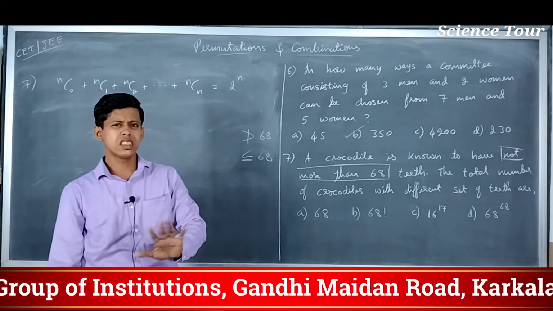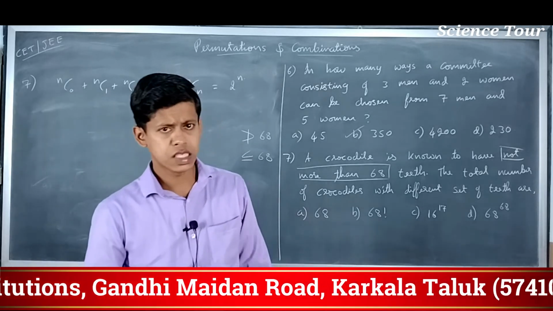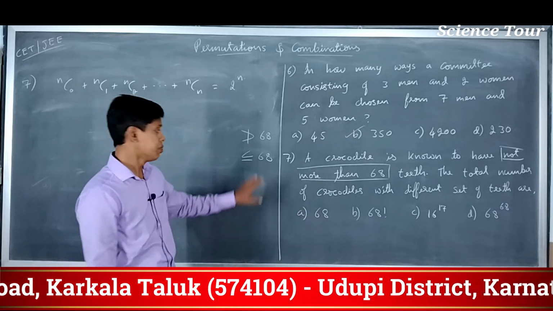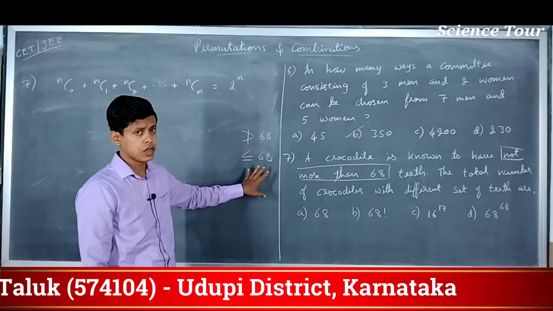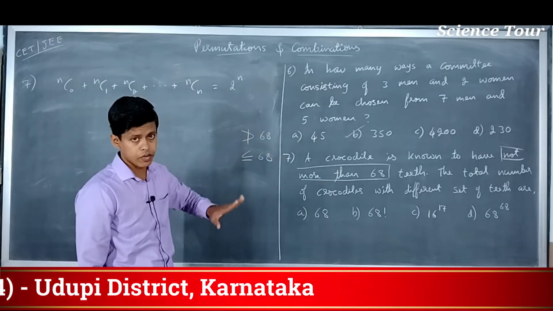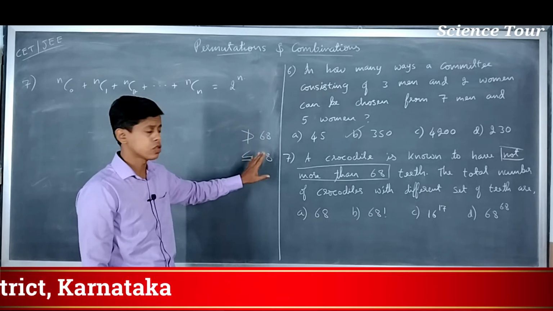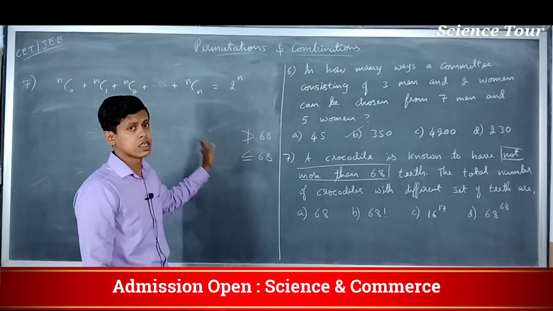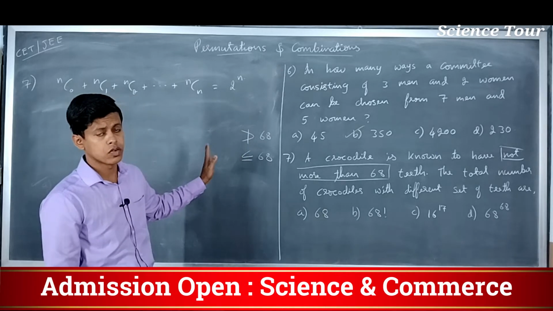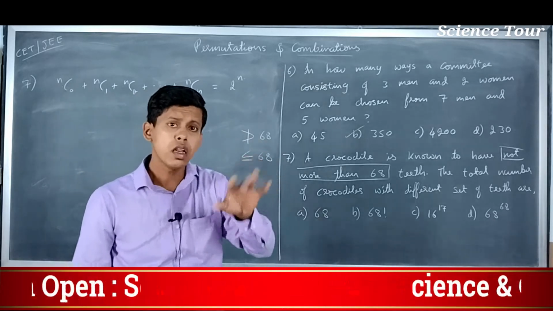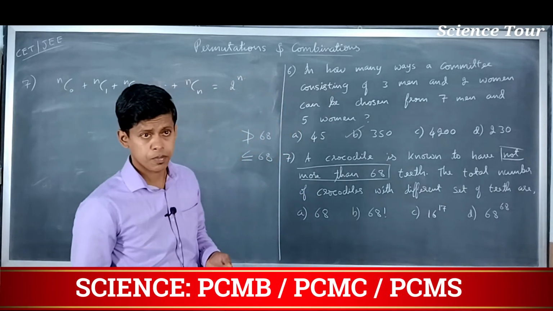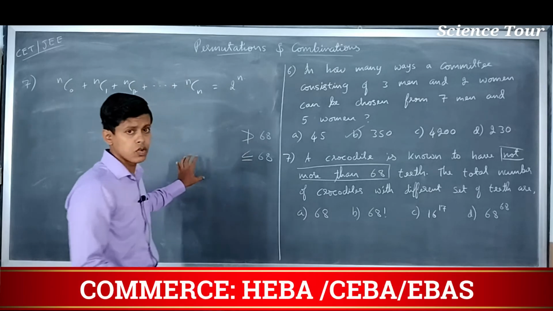Maximum it may have 68, it can have 67, 66, 65 and so on till it may not have any teeth also. Logically speaking, not more than means even 0 is included.